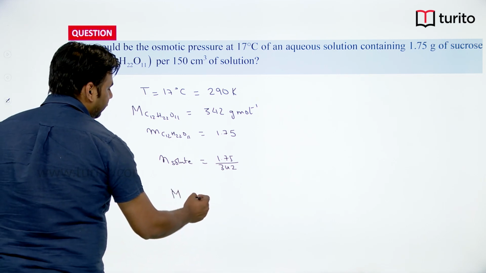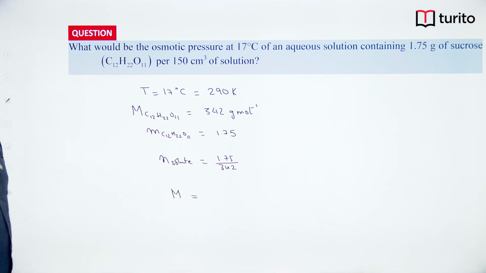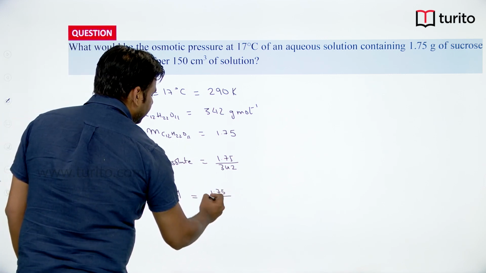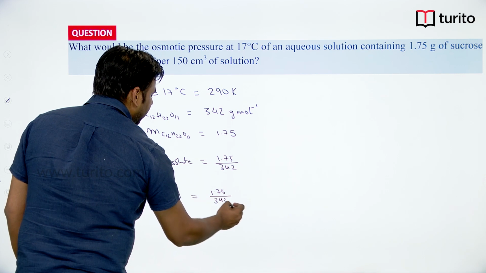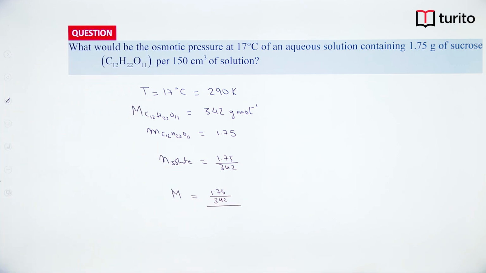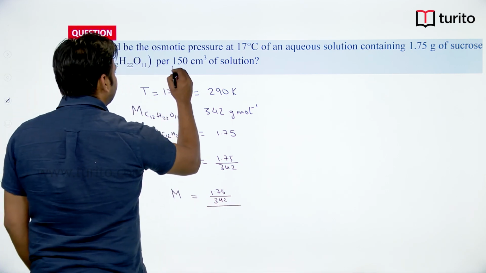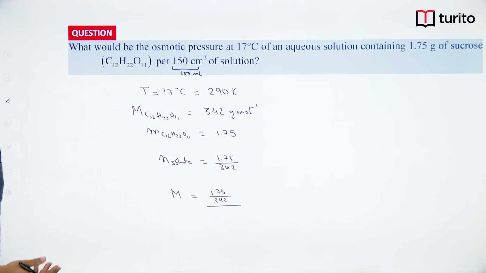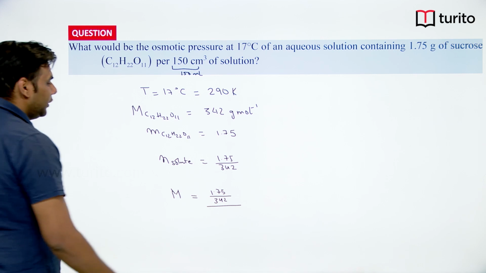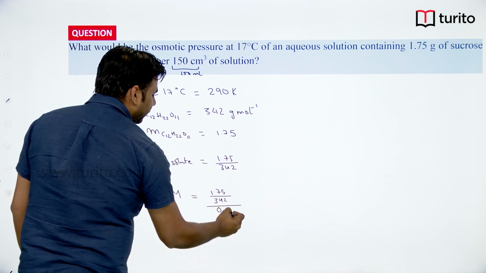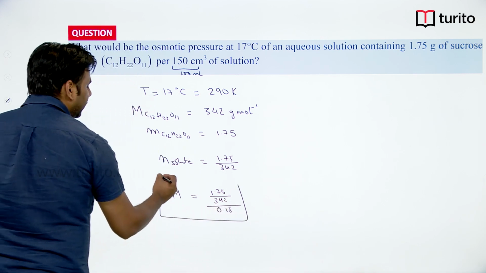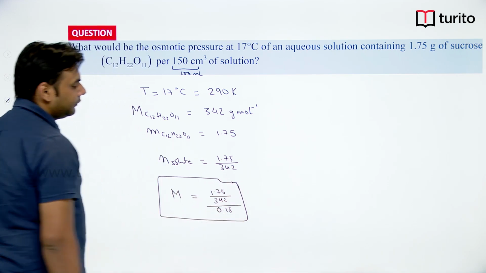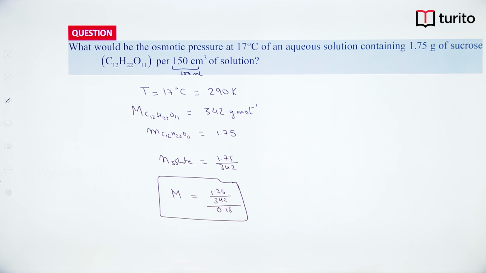The concentration of the solution would be moles of the solute upon the volume of the solution in liters. Now 150 centimeter cube means 150 ml, since 1 centimeter cube is equal to 1 ml. So this becomes 0.15. So we get the concentration of the solution.